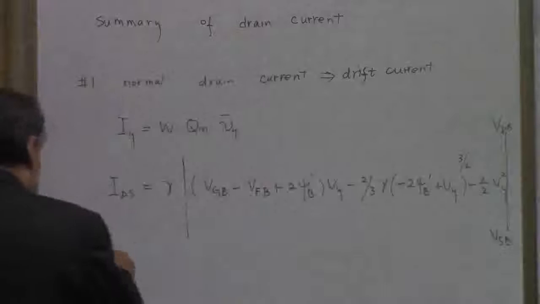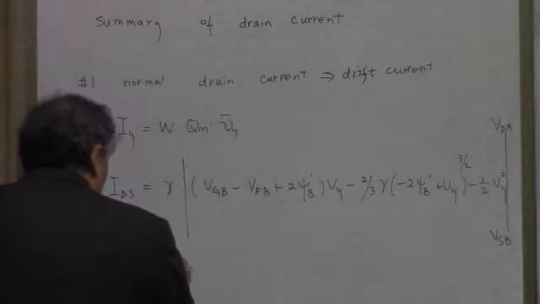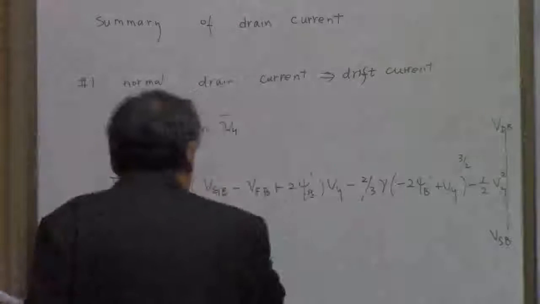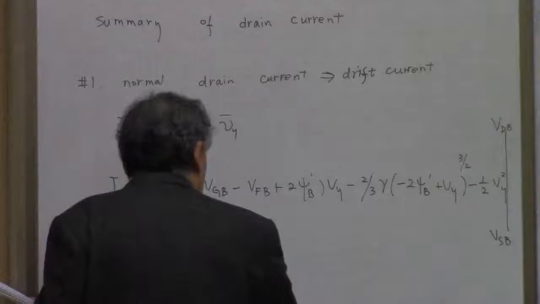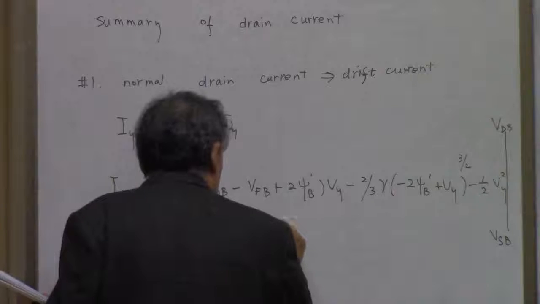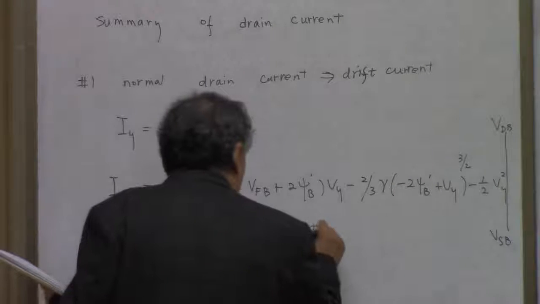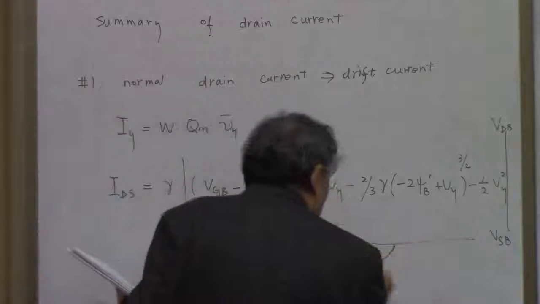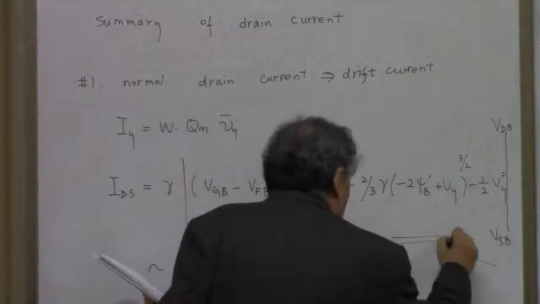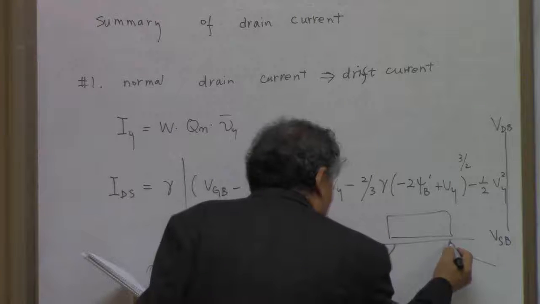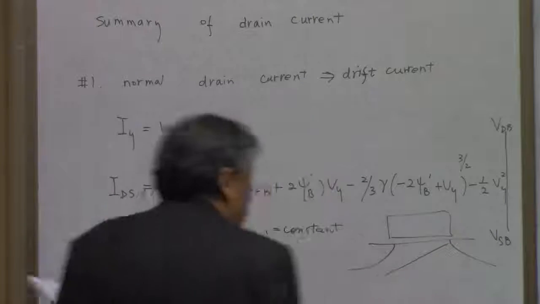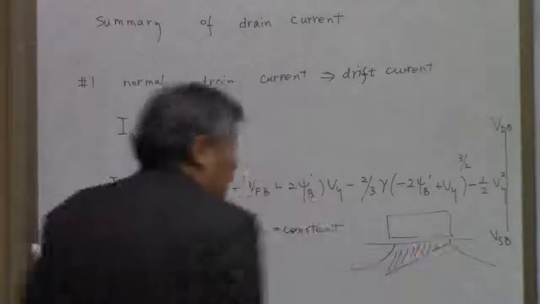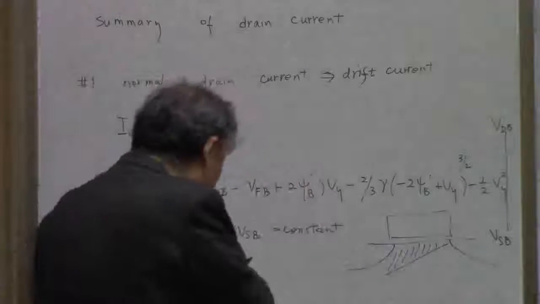Okay, but we can approximate this by setting Vy equal to Vsb, a constant. It means that in the source and drain we have an uneven distribution of the inverted layer.